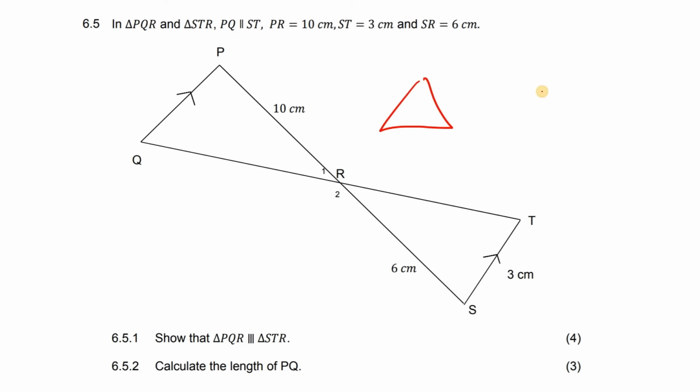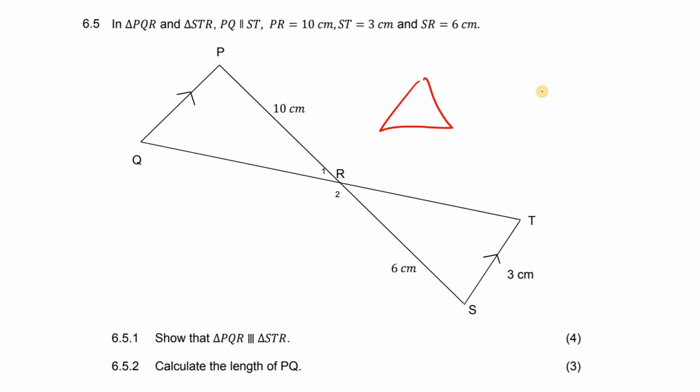Have a look at this. 3 times 2 gives 6. 7 times 2 gives 14. And 8 times 2 gives 16. So can you see that this one is double this one? All of the different parts are double. That is what we mean when we say that all the sides are in proportion.